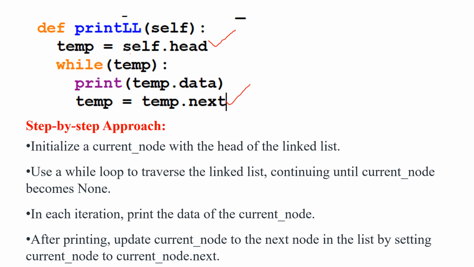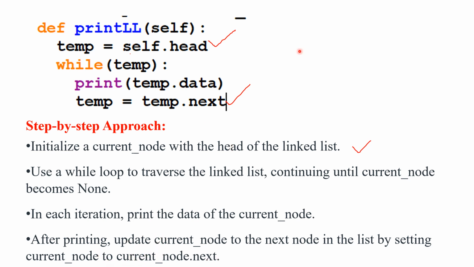Initialize the current node with head and use a while loop to traverse the linked list until you reach the last node, until None. For each iteration, print the data of the current node. After printing, update the current node to the next node in the list by setting current node to current node next. The current node is nothing but temp.